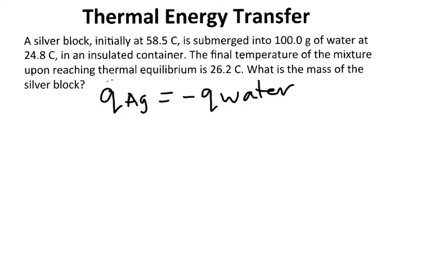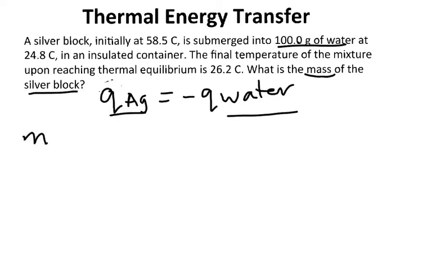So we need to write out each one of these equations. We want to find the mass of the silver block, and we're given the mass of water. So I'm going to write these out using the specific heat capacity, CS, for each.